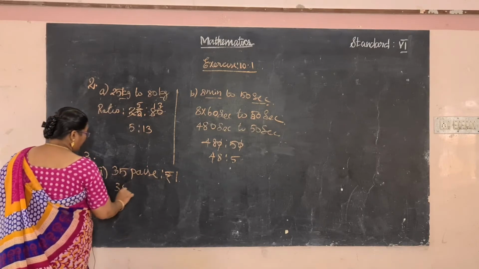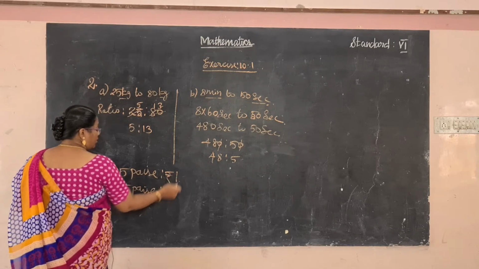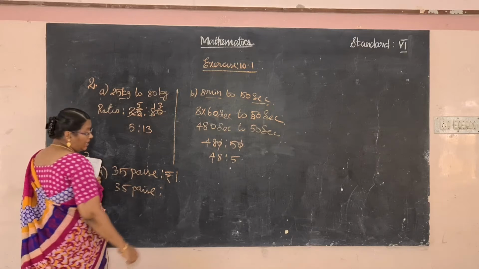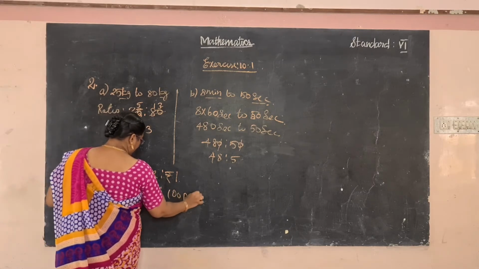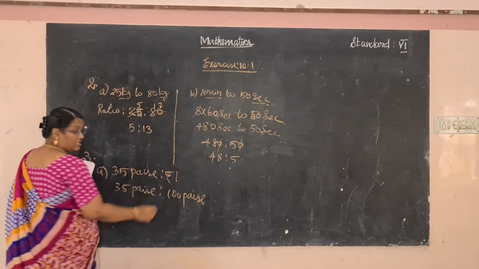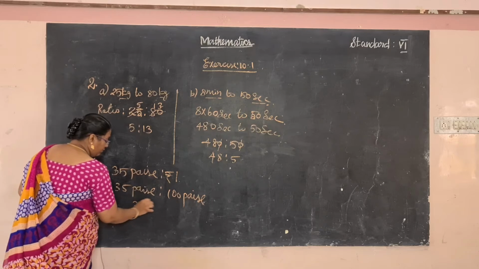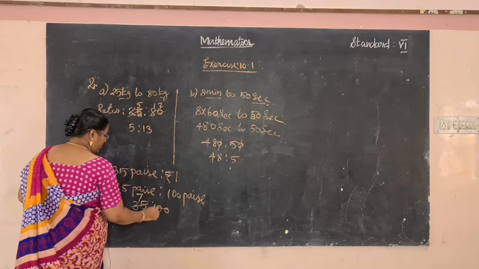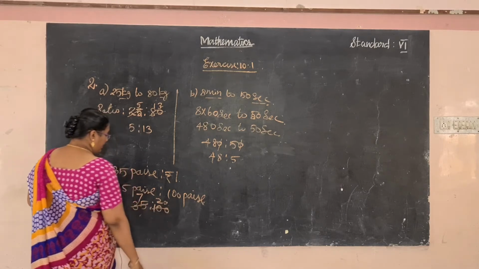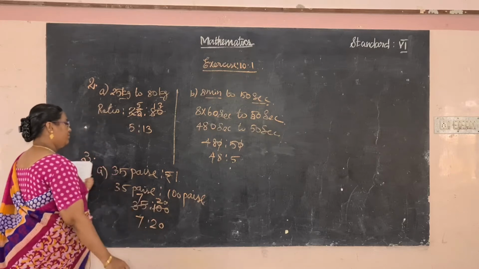So 35 paise is to 1 rupee. How many paise? 100 paise. Now we get the same kind of unit. Now simplify. 35 is to 100. 5 table. Okay, so 7 is to 20.